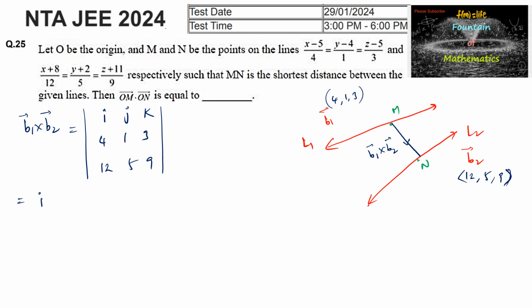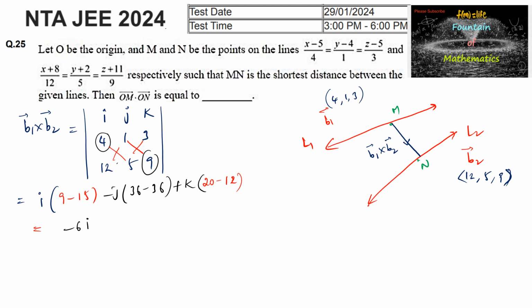Let us simplify: i times (9 × 1 − 5 × 3), which is 9 − 15, minus j times (4 × 9 − 12 × 3), which is 36 − 36, plus k times (4 × 5 − 12 × 1), which is 20 − 12. This equals −6i + 0j + 8k. So we got the b1 cross b2 vector.